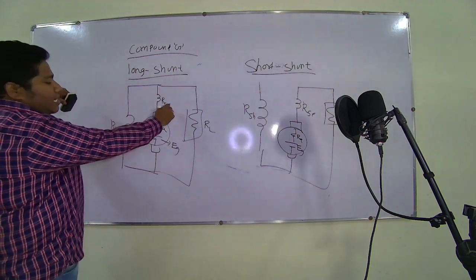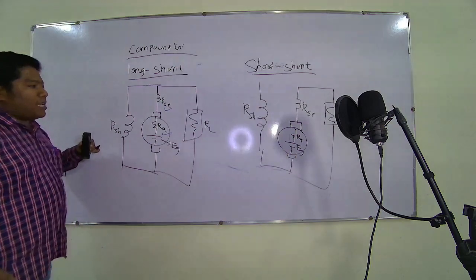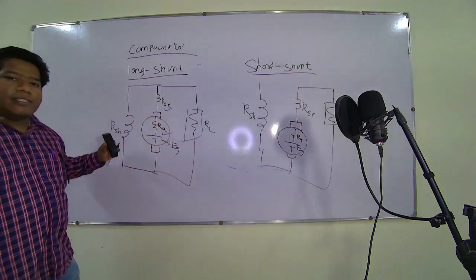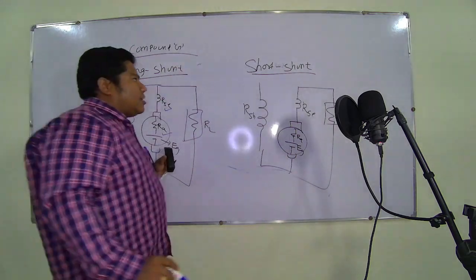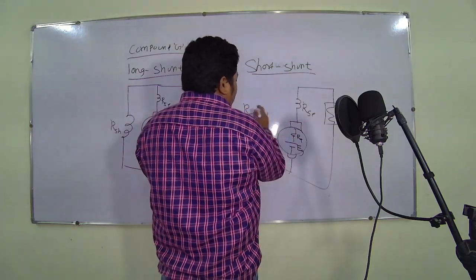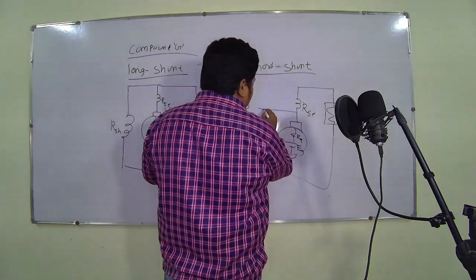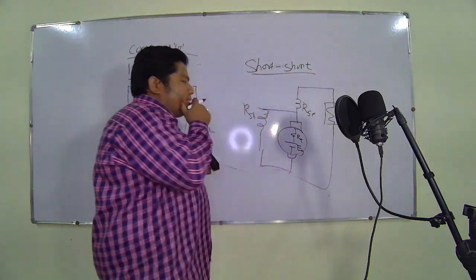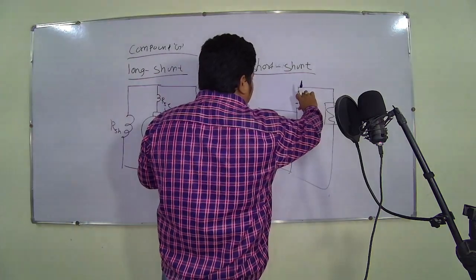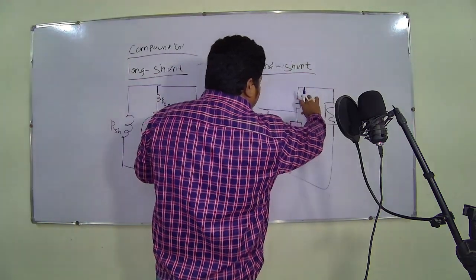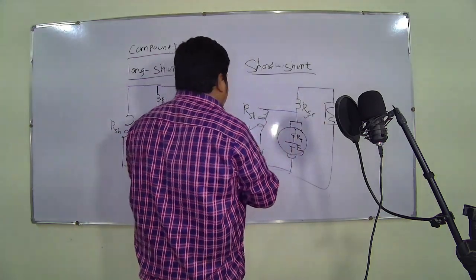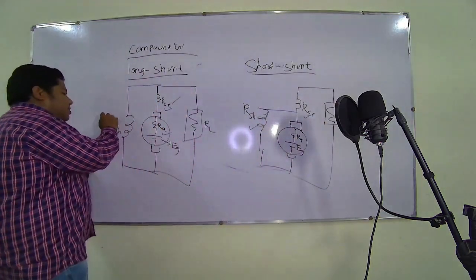But in short shunt generator, the shunt field is only in parallel with the armature. The series field is not in parallel with the shunt resistance.